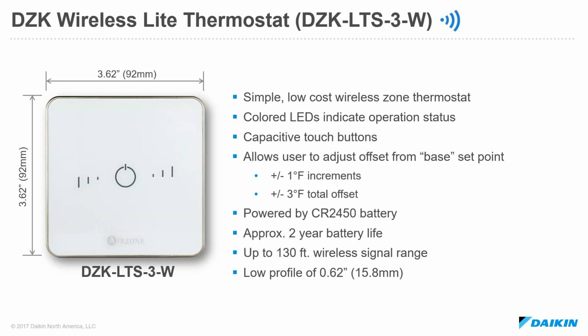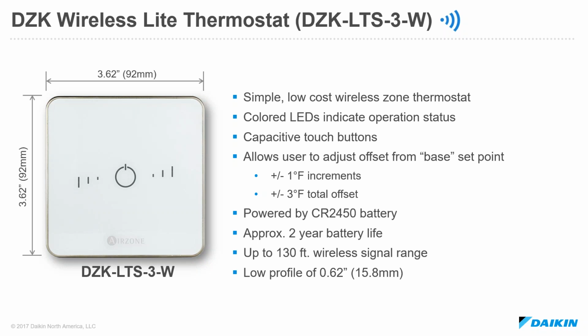The idea here is to have a simple, low-cost wireless zone thermostat that has very limited functionality to limit the amount of control that the user has over that zone outlet. The wireless light thermostat features colored LEDs that indicate the operation status of the thermostat. It also utilizes capacitive touch buttons to allow the user to make adjustments to the set point.